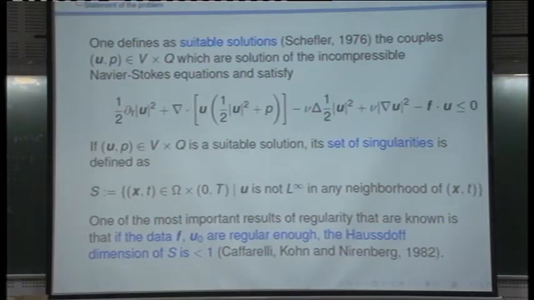So it turns out that the Hausdorff dimension, I don't know if you have heard of the Hausdorff dimension. The dimension of a vector space is always an integer, but the dimension of a set may be a rational number, in fact a real number. It's one of the so-called fractional dimensions.